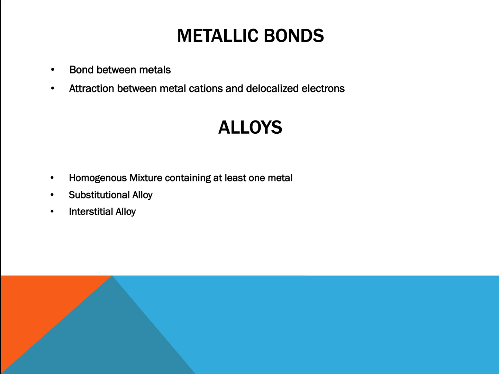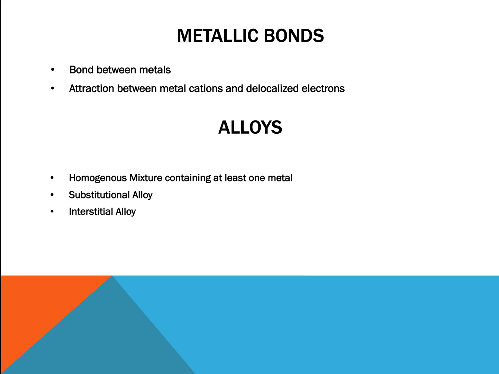Remember that metals want to lose electrons when they're forming ions, and those electrons are able to freely float throughout our lattice, which is what keeps those metals together. Now, when we have a mixture that includes a metal, we call that an alloy. We covered substitutional and interstitial alloys.